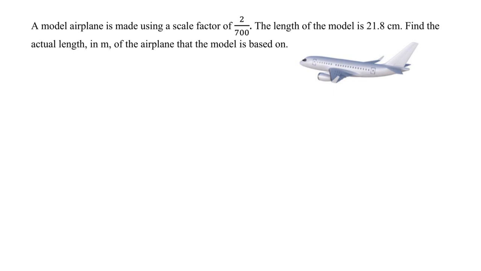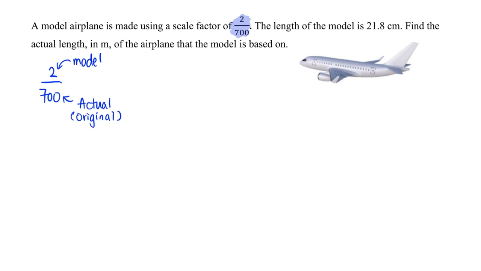Hello everyone, welcome to this video where we are given that a model airplane is made using a scale of 2/700. What this simply means is that given this scale factor of 2/700, this is my model and this is my actual, or what we call the original.